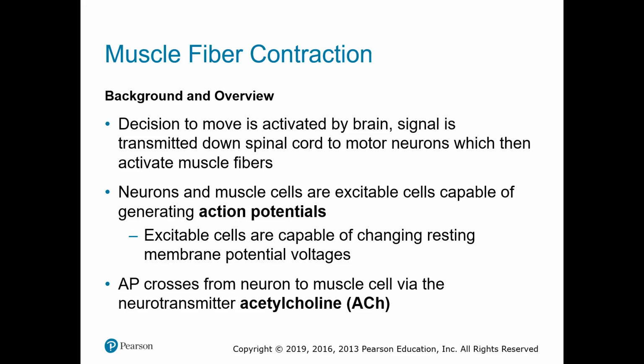An excitable cell can generate an action potential. It can change the charge on its membrane. And it uses a chemical called a neurotransmitter to do this. We'll find that the nerve never touches the muscle cell directly. It touches it indirectly, so there is no direct connection.